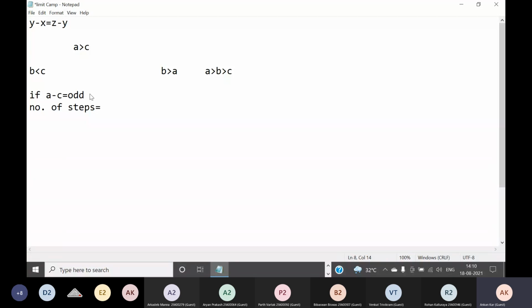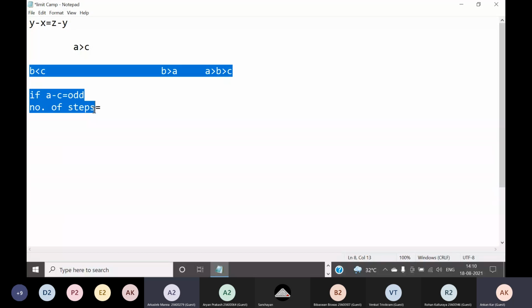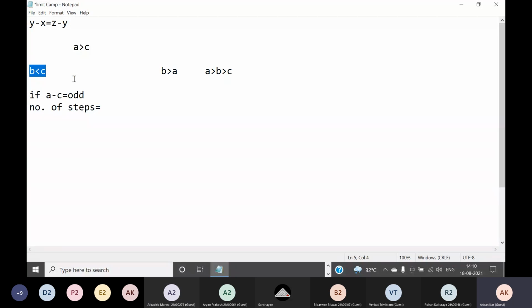Anyone can tell me right now? Anyone? So what about b? What is the condition of b? b is less than c. I'm doing only this right now. So is it (a plus c minus 2b plus 2) the whole divided by 2?